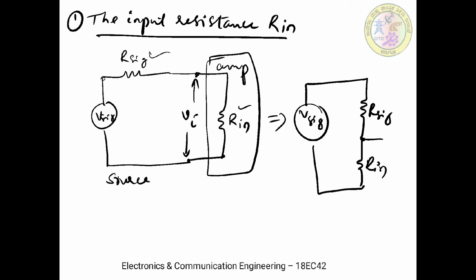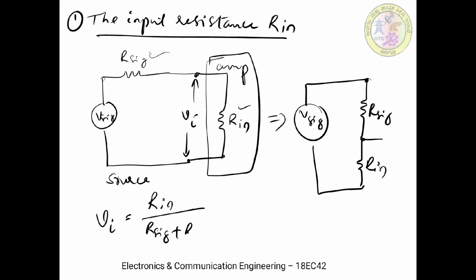Therefore our input signal, which will be coupled to the amplifier inputs, Vi, is nothing but Rin divided by RSIG plus Rin, into VSIG. This is the expression for Vi. That's why we say Vi is a portion of the signal voltage that appears at the amplifier inputs.